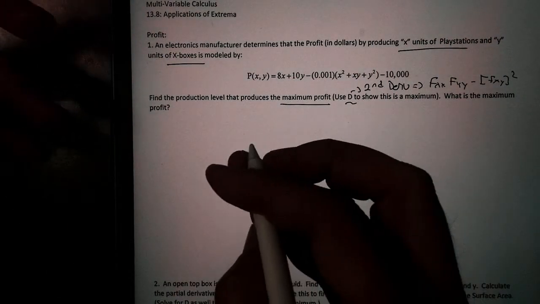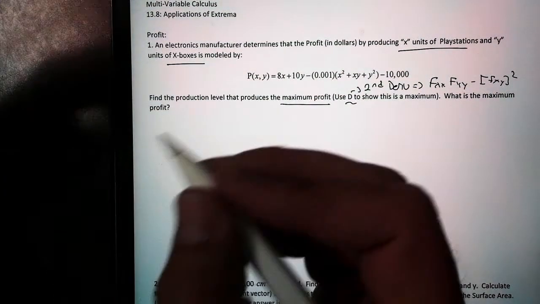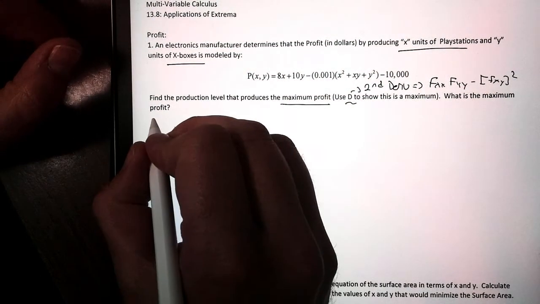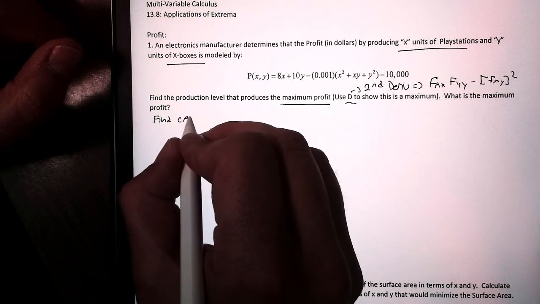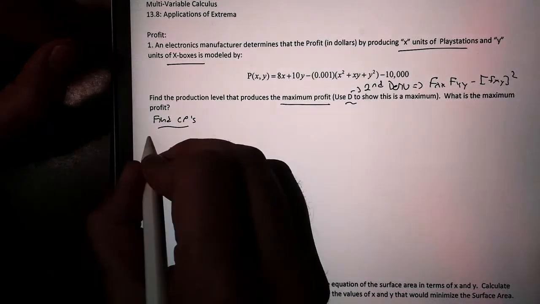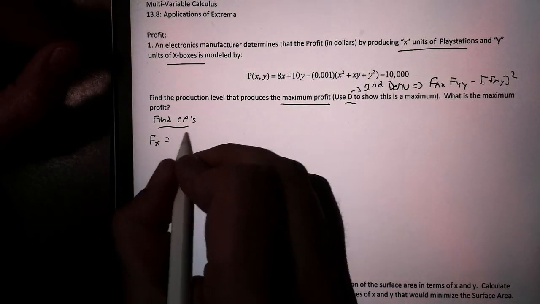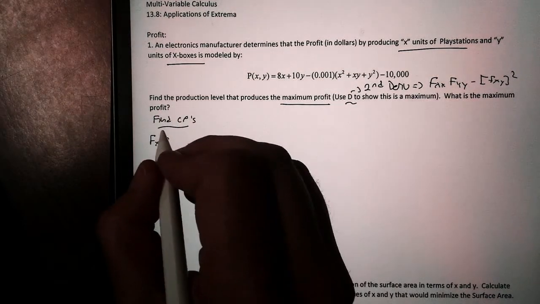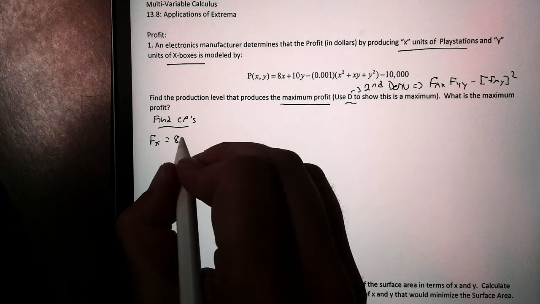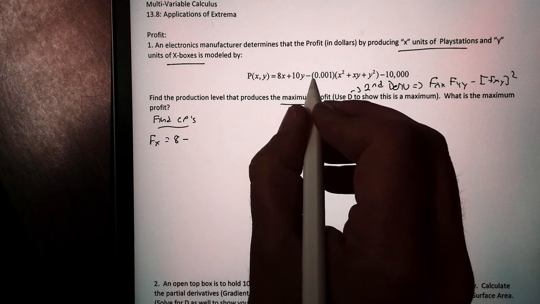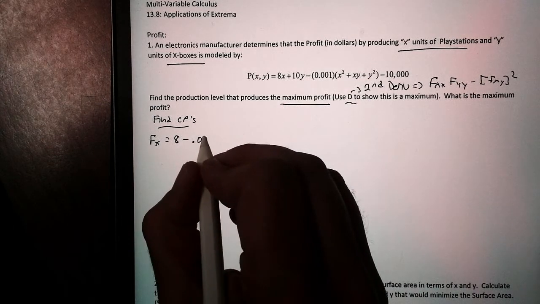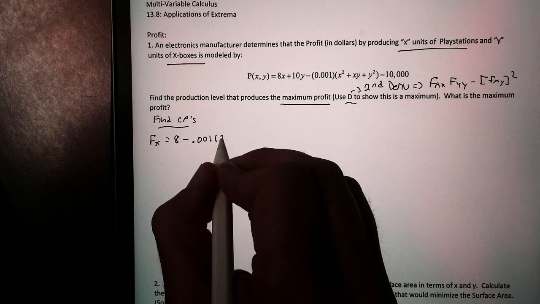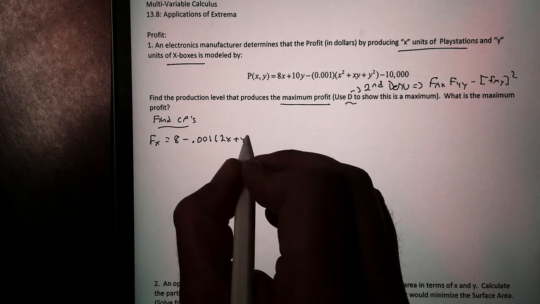We're going to be looking at our derivatives, so we have to find our critical numbers. Let's go ahead and find our critical points first. To do that, we're going to look at our partials. My partial with respect to x will just be 8 minus, let's be careful here, 0.001 times 2x plus y.